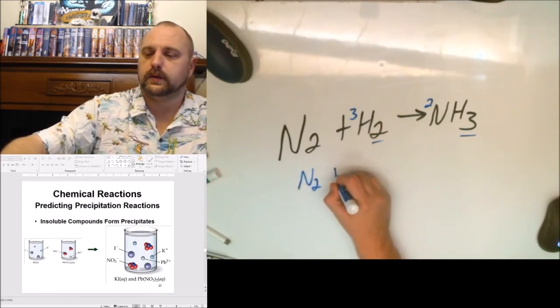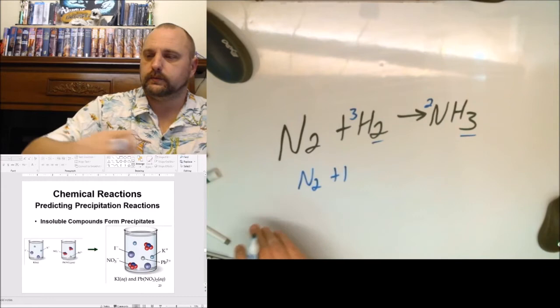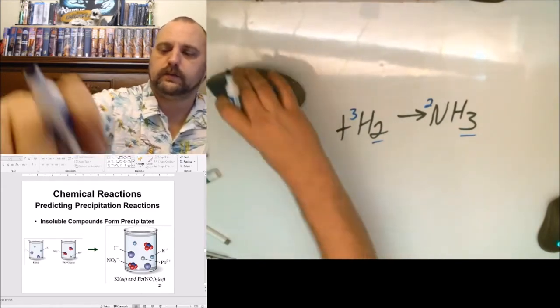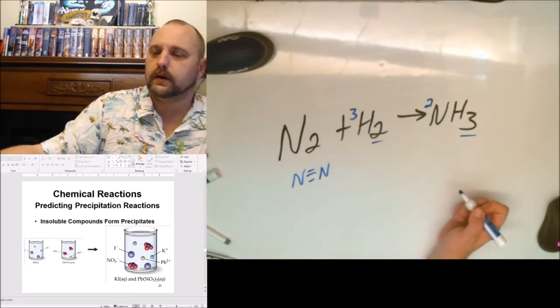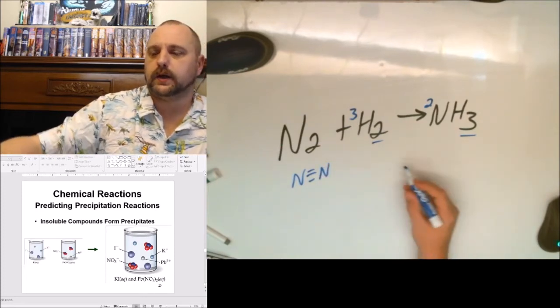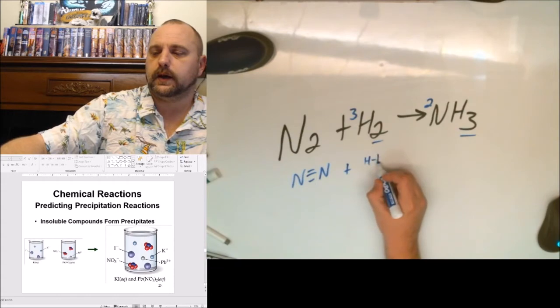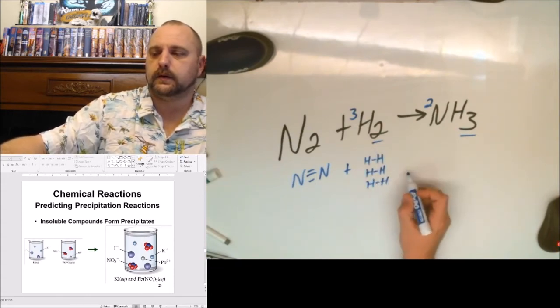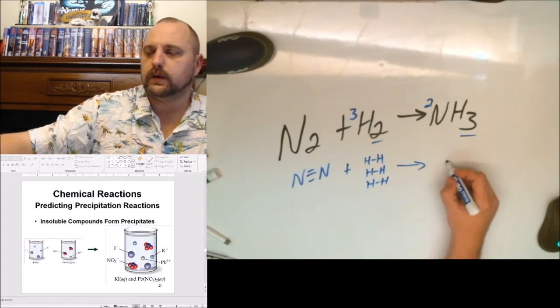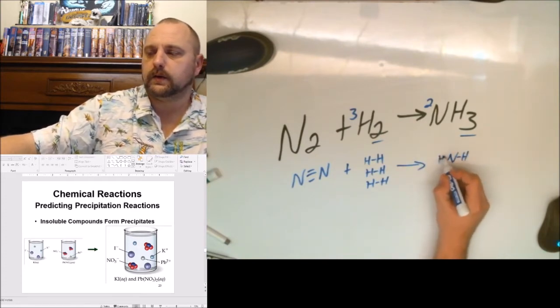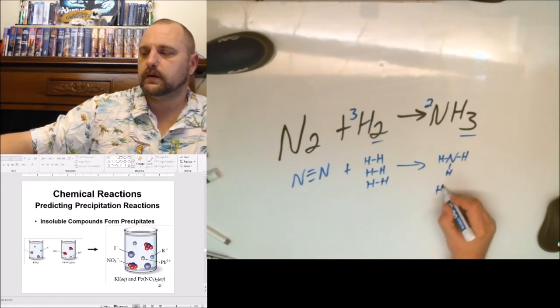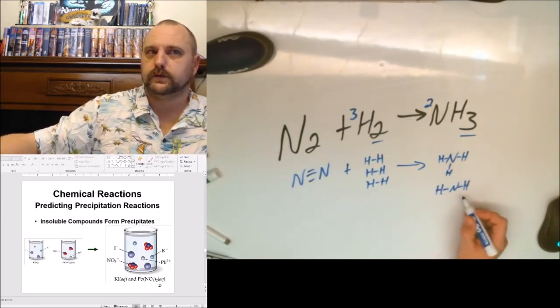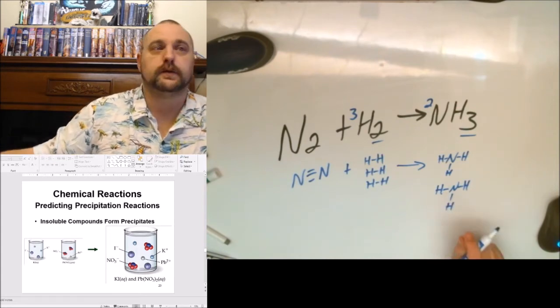I now have N2 plus, oh, let's draw this a little differently. What is this saying? I've got nitrogen gas plus 3 hydrogen gases, and it's going to make two ammonias.